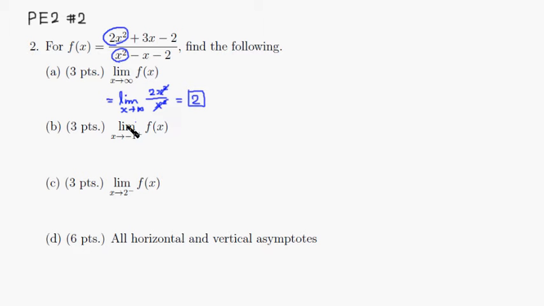Next, the limit of the same function as x approaches -1 from the right hand side. Let's look at that. First I'm going to factor the numerator and the denominator and see what we get.